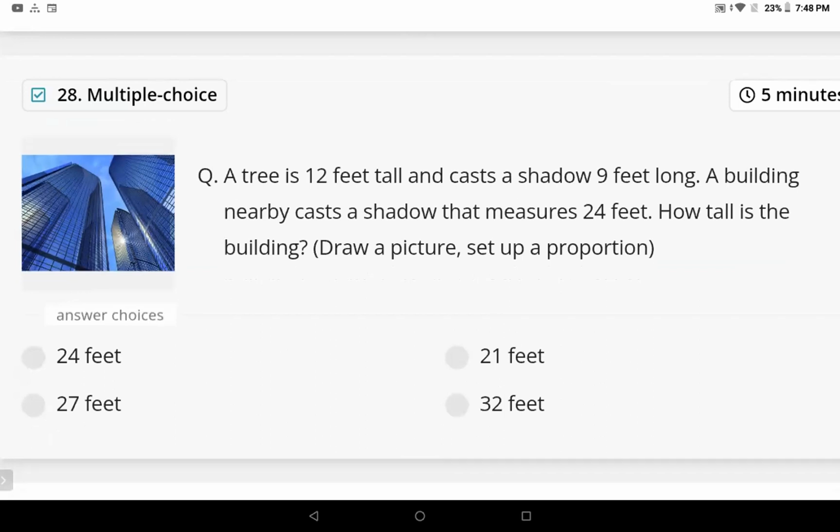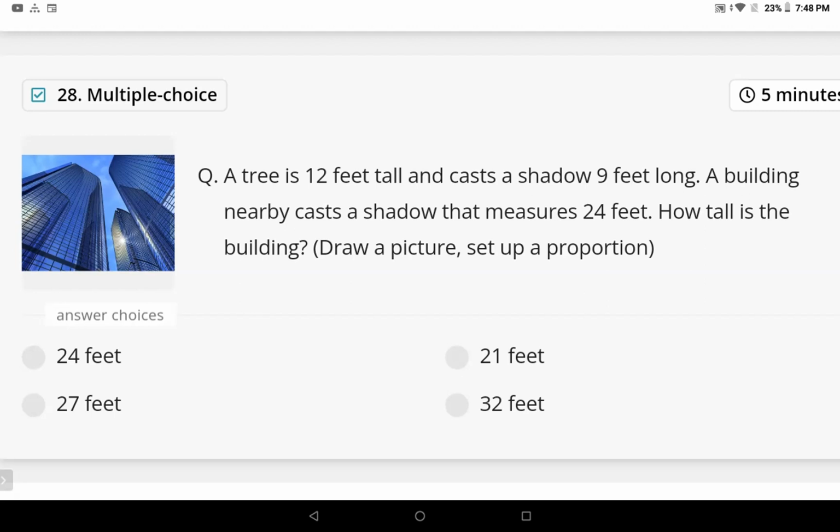Who did this correctly, children? Draw a picture and set up a proportion is given. No need of drawing, children.